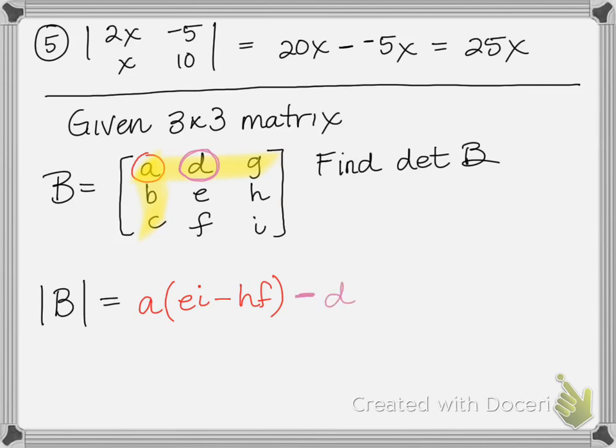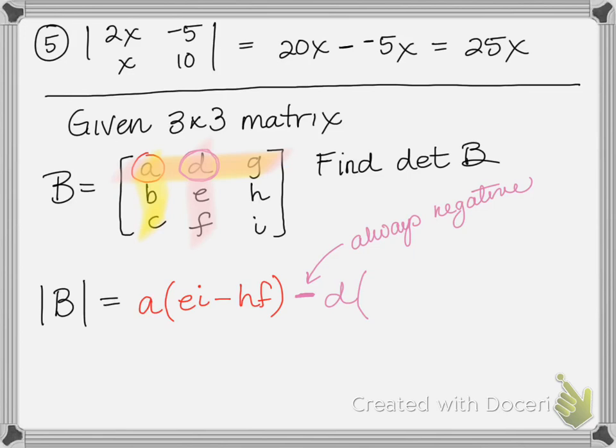And I'm going to put here always negative. And now with the D, notice you're going to highlight this and this. So now you have 4 numbers left over, the B, C, H, and I. So open parentheses, cross multiply.